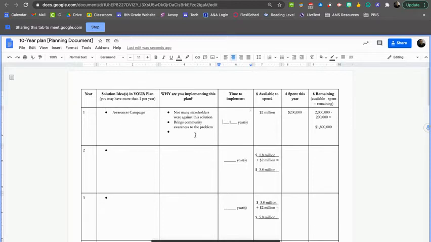The reasons why I might want to implement the awareness campaign is maybe because not all stakeholders were against the solution. If I look at the pros and cons of this, very few were actually against the campaign. It also draws community awareness to the problem itself, and it's cheap.